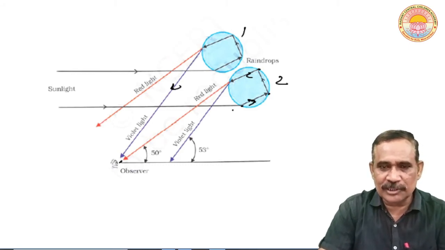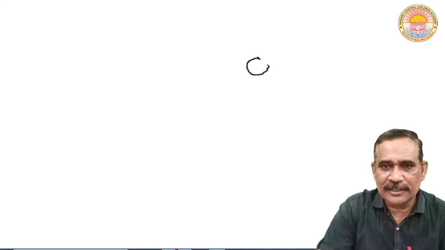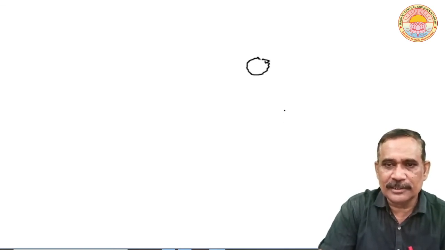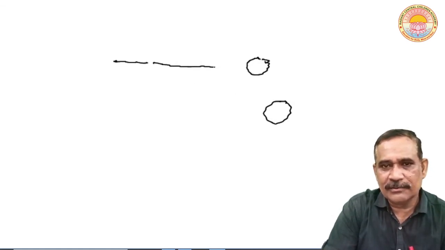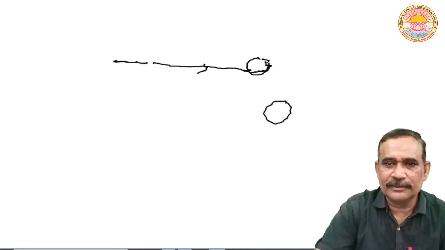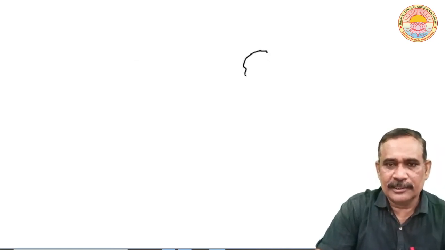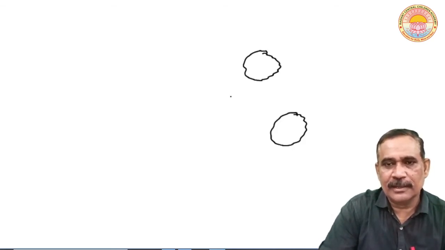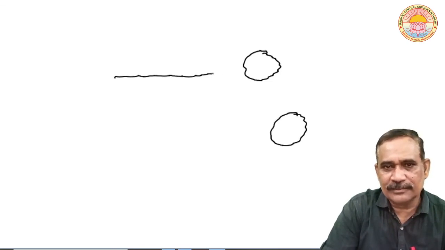So once again you see the figure. This is the first water drop and this is the second water drop. First the light is incident here, this is the incident light. It undergoes the refraction process.